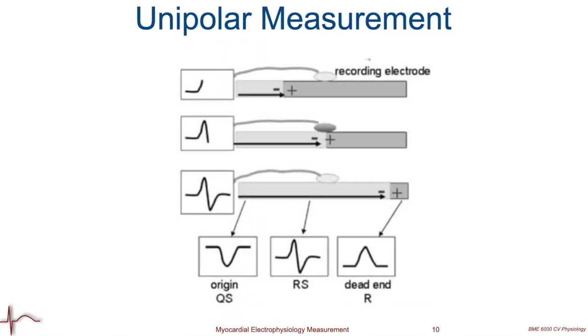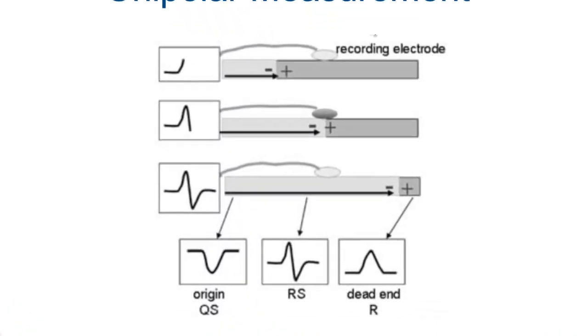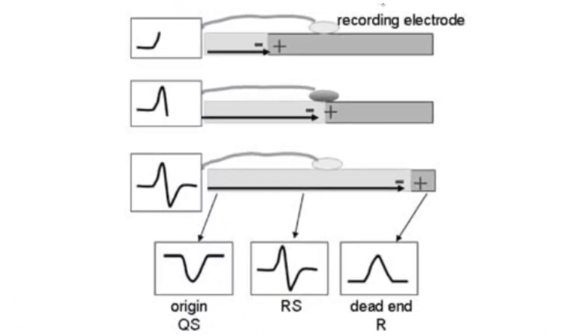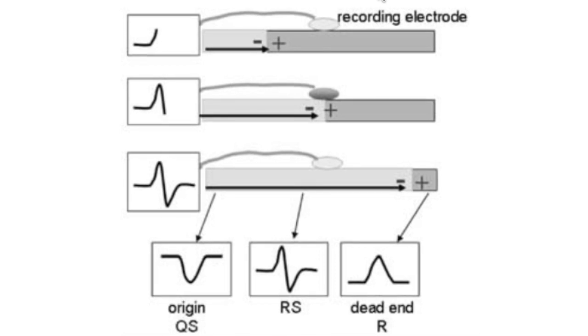Now electrically, we have two different basic forms of measurement. We'll tell you a little bit about these. They do arise in both clinical medicine and in the lab in experimental settings. One is called a unipolar measurement. And what we have in a unipolar measurement is a single electrode that's sitting somewhere near the tissue, somewhere near the region of interest. And its measurement is taken relative to some remote electrode.